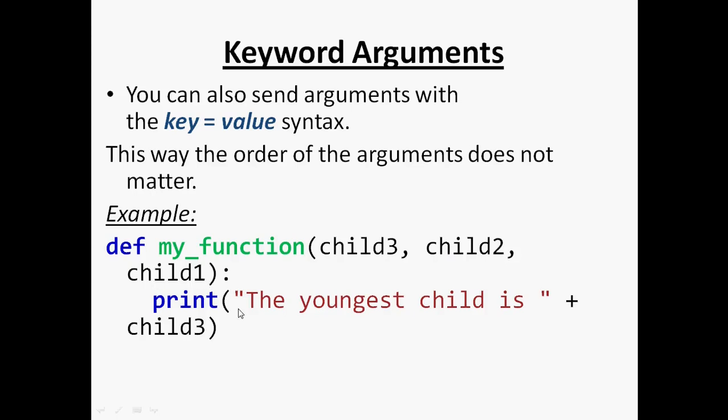While printing from this function, I have taken child3, that is the specific name of this parameter. It will print the value of this child3 taken from the function call.